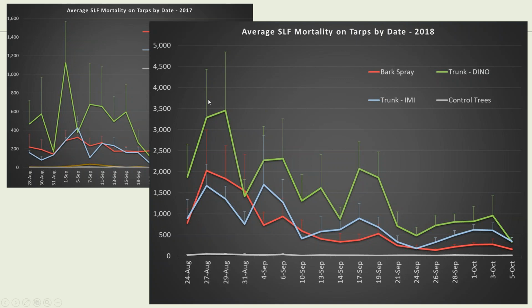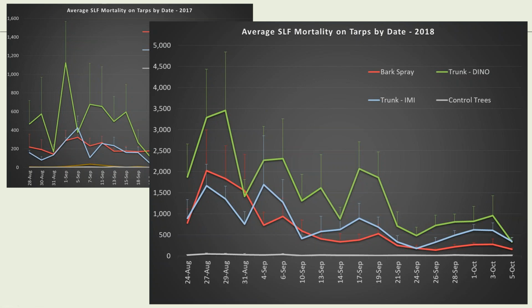And there were some days early on where we had 6,000 or 7,000 insects under one tree after 2 days, and we cleaned the tarp off, there'd be another 5,000. So it's very impressive, but it's very hard on your statistics, and so it's hard to compare and show that there's a better product.